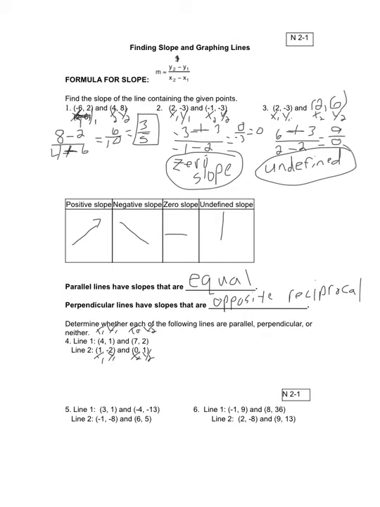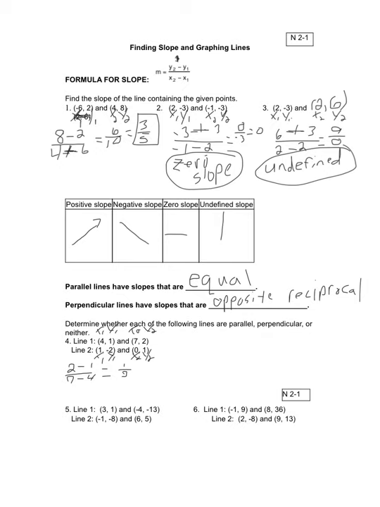Line 1, putting these back into our formula. y2 is 2, minus, which is built into the formula, y1 is 1, over x2 is 7 minus x1 is 4. So 2 minus 1 is 1 over 7 minus 4 is 3. So 1/3.